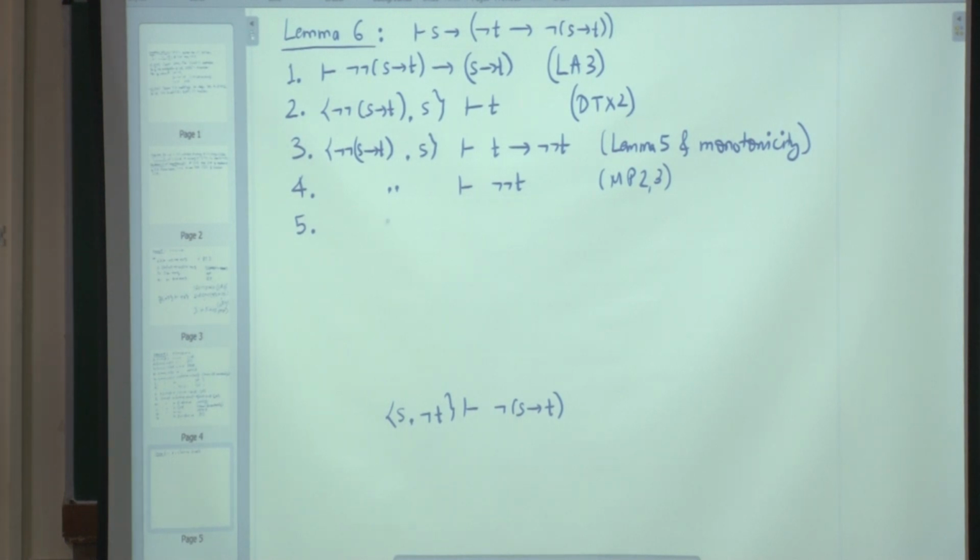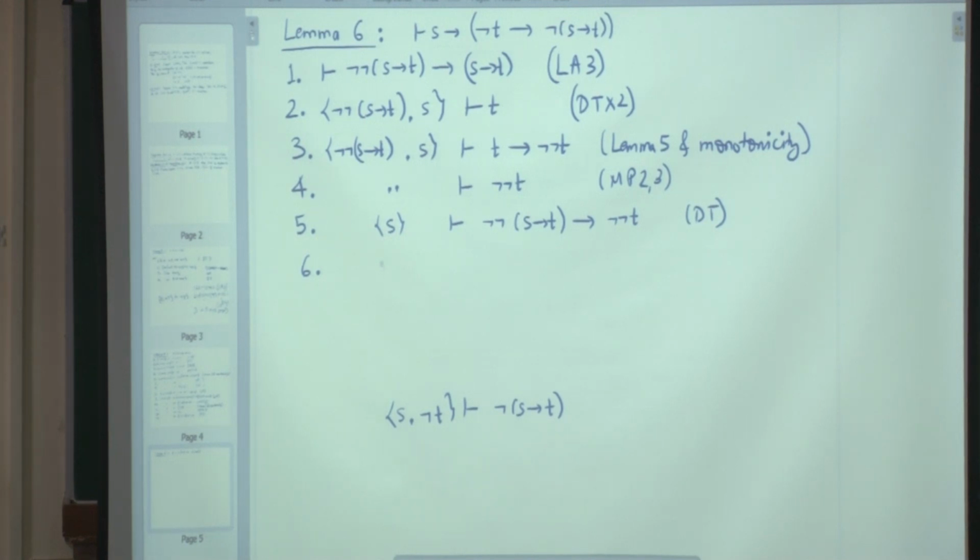Okay. Then let us transfer this double negation to that side. And now you can see the proof. Yes. How do we eliminate one negation from this?